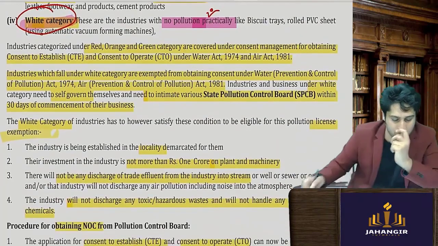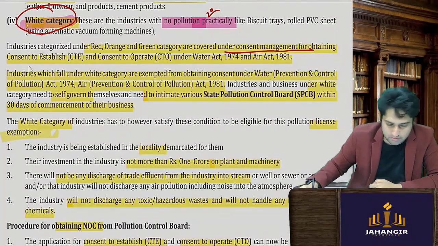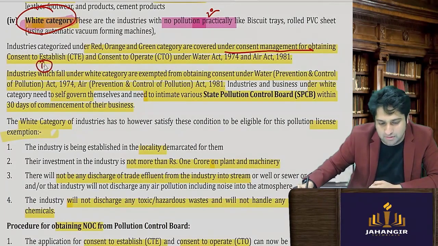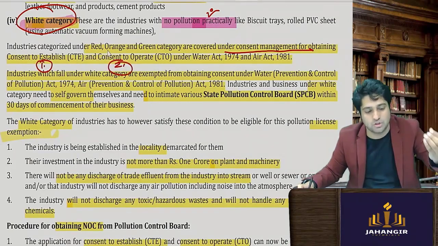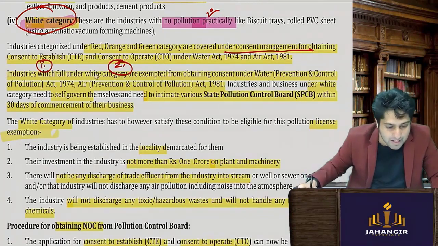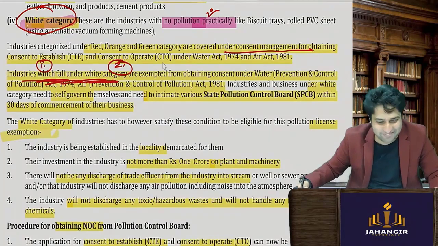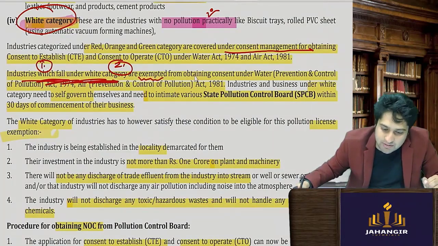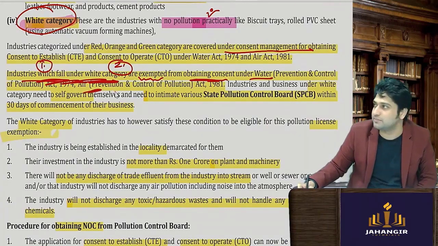So here all these categories are covered under consent management for obtaining two things: consent to establish and consent to operate should be taken. So for all the categories, you require consent to establish and consent to operate. However, industries falling within the white category are exempted from obtaining consent under the water pollution and air pollution boards.